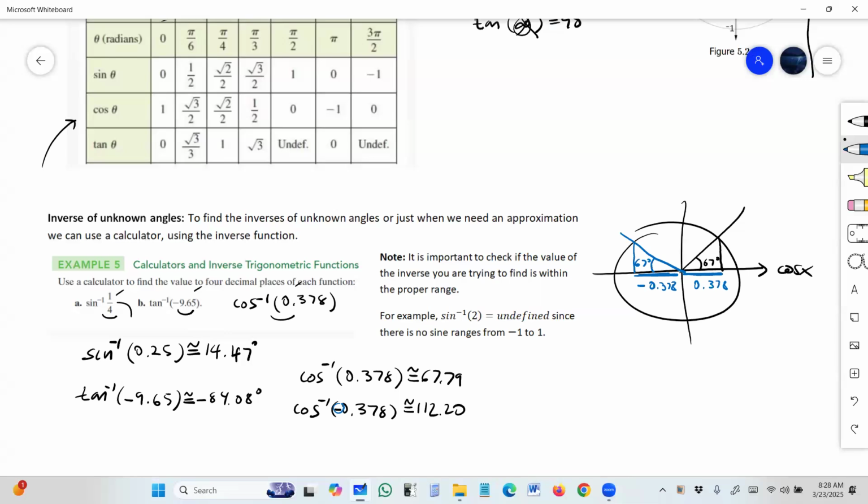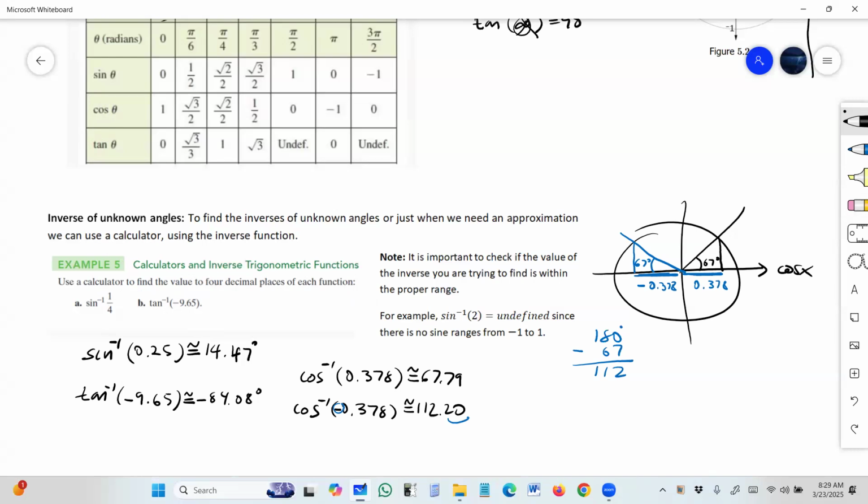Now, how do I find this angle? Well, this angle is 180 minus the 67, approximately, right? So 67 or 68, and this is exactly my 112 or 112.2. So this is perfectly right. So the calculator for all of these questions already adjusts for your restricted domain. So you don't have to worry about that. For all of these unknown angles, all we do is use the inverse function on the calculator for either sine, cosine, or tangent, and we pick the value the calculator gives us.